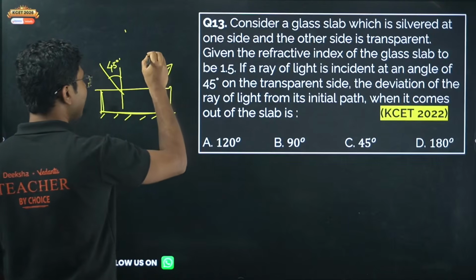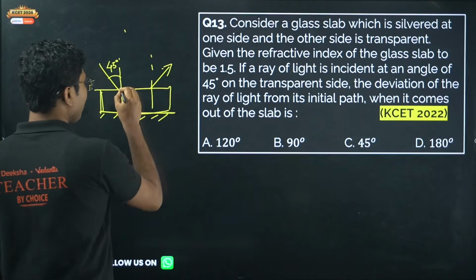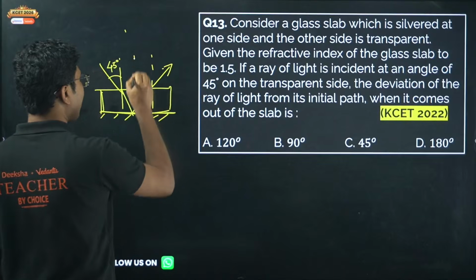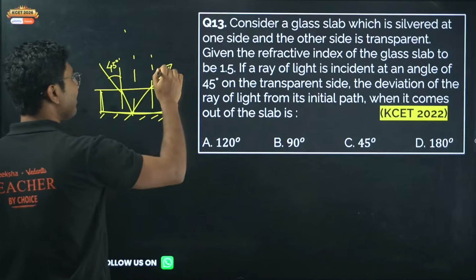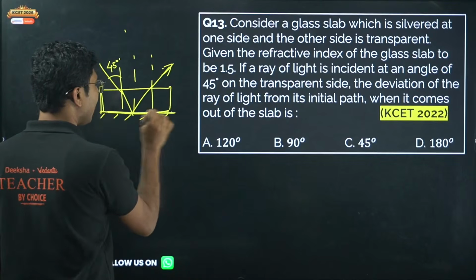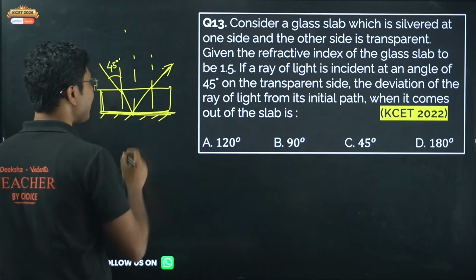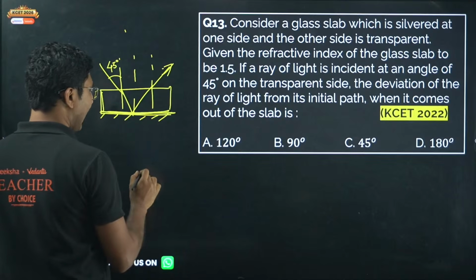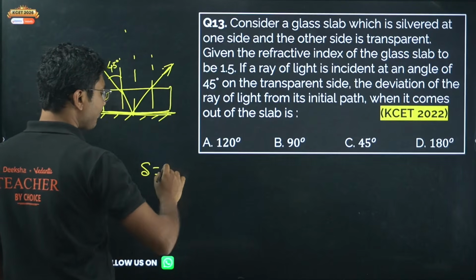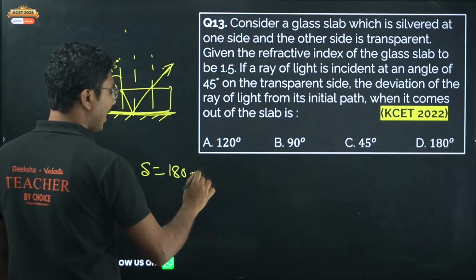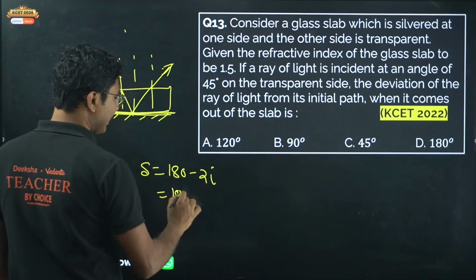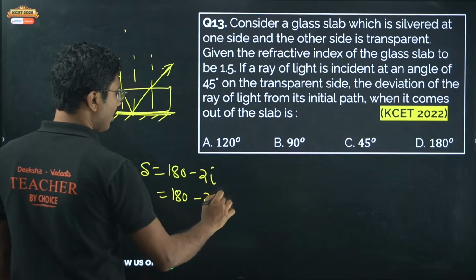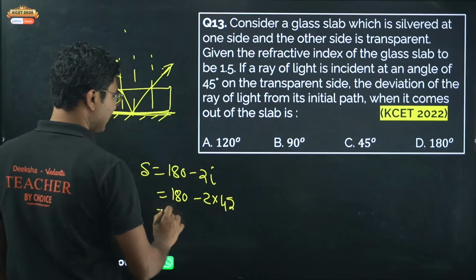So this is a very tricky question, but you don't need to worry too much. No matter if there is a glass slab present or not, it's a simple reflection, because there is a silvered side, that means it's a reflection. That means the angle of deviation in reflection is 180 degrees minus 2i, and you can still use that formula over here: 180 degrees minus 2 into 45, that is 90 degrees.